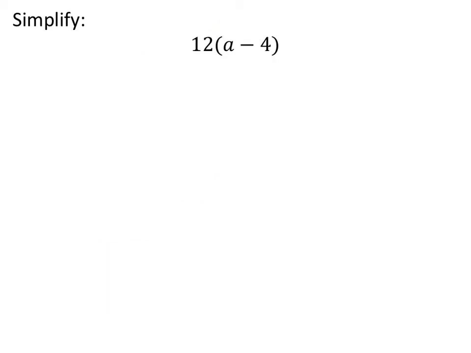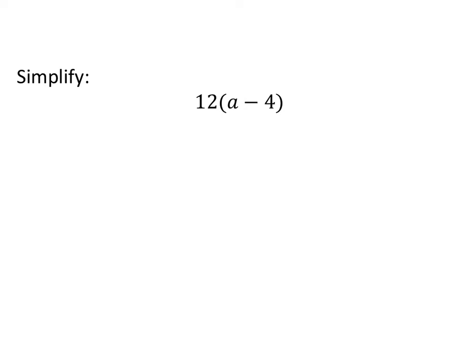Now, it is possible to distribute, just like we saw in that abstract example with the A, B, and C business. This is the type of distribution that we should see more often than not, where we're distributing a number into a set of parentheses, like this 12 in this case.